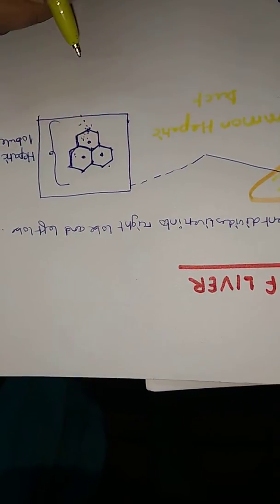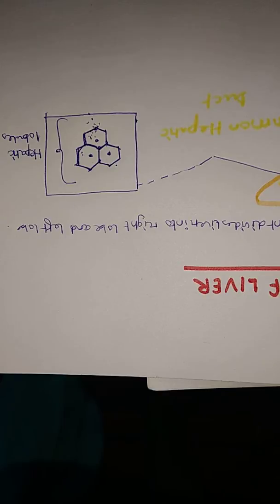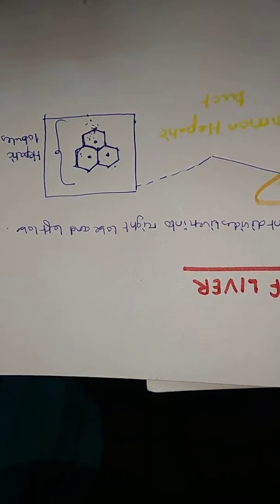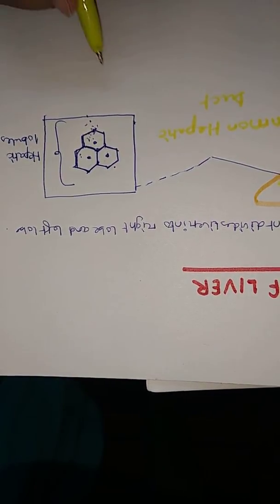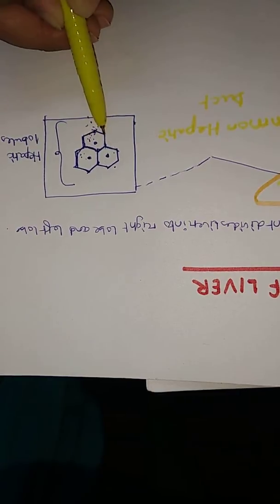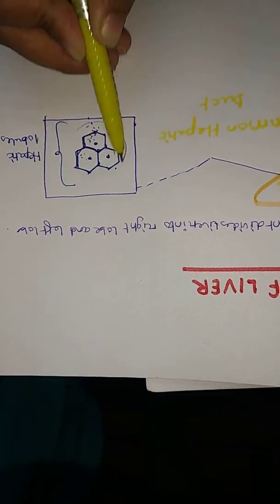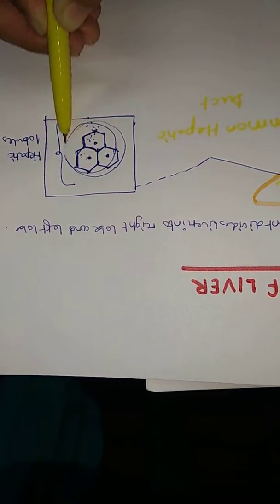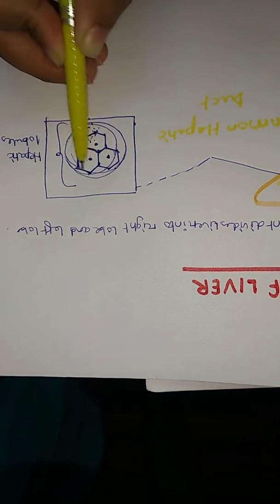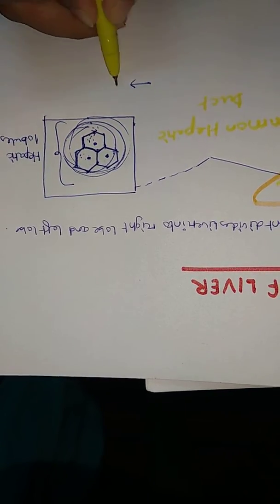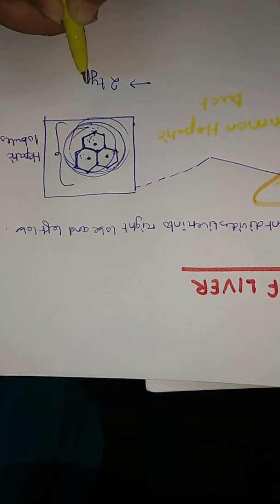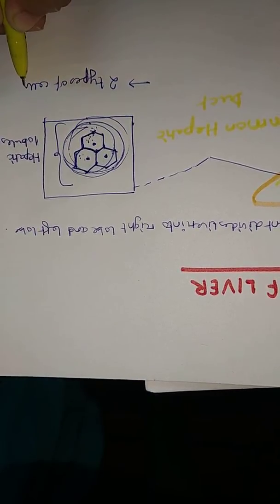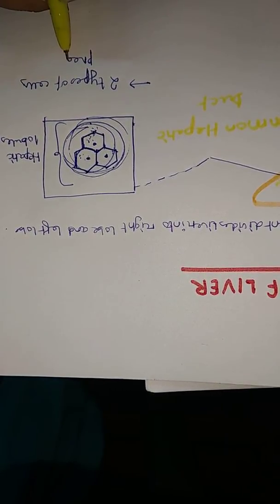And these hepatic lobules are formed by hepatocytes, the hepatic cells, the liver cells. If you see, there are two types of cells predominant in the liver.